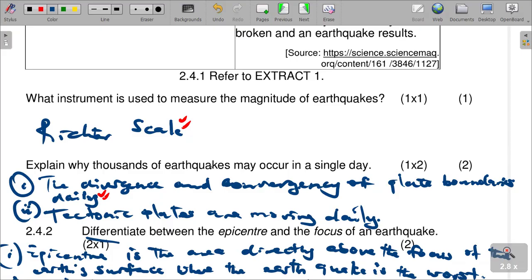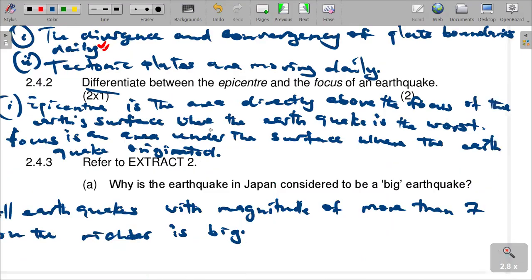And tectonic plates are moving continuously, daily, which is another reason causing that.